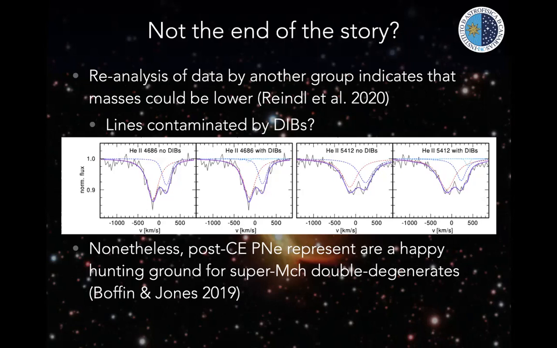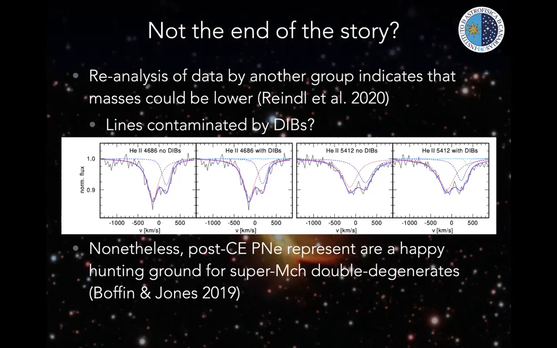And you can see here models of these two. So basically on the left-hand side of each of these two figures are the fits to the two components without taking into account these diffuse interstellar bands. And then on the right, you can see that there's an additional very, very weak absorption feature in light blue, which corresponds to these diffuse interstellar bands. And it turns out that if you allow these diffuse interstellar bands to affect your observations, then the masses that you determine are slightly lower and in fact make the total mass less than the Chandrasekhar mass.